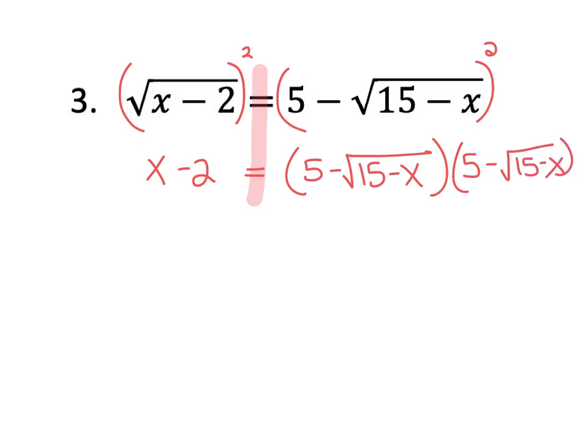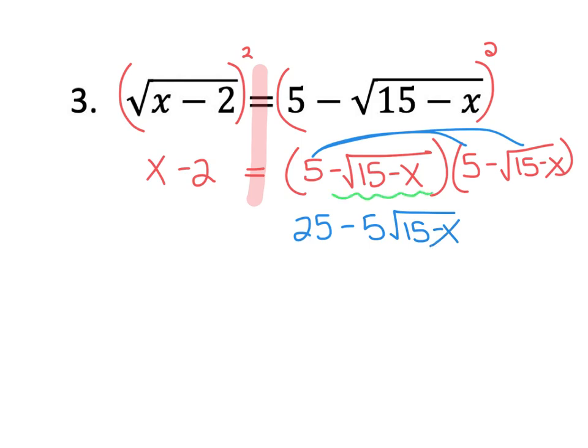And I'm just going to do the product of the first and the outside. So that's 5 times 5 is 25. And then 5 times negative the square root of 15 minus x would be minus 5 times the square root of 15 minus x. I'm going to switch to green now. We are going to now distribute this radicand to both things in the second binomial.